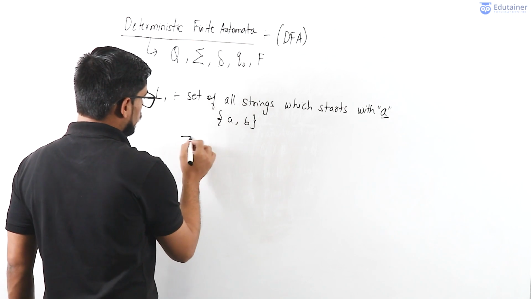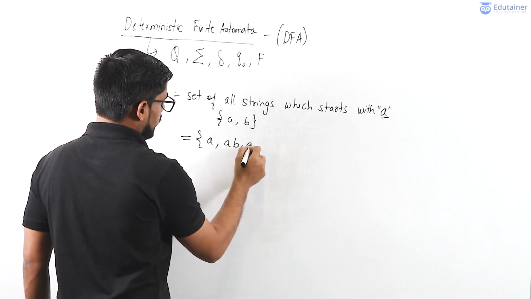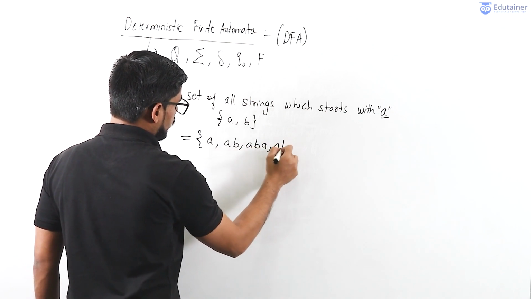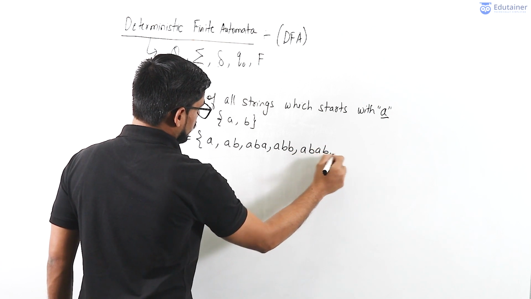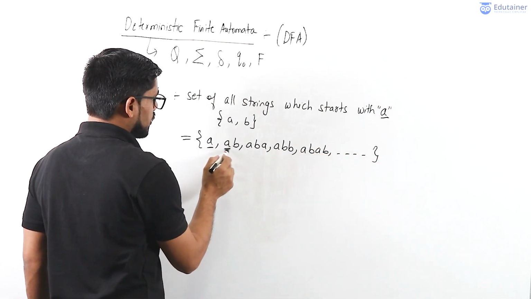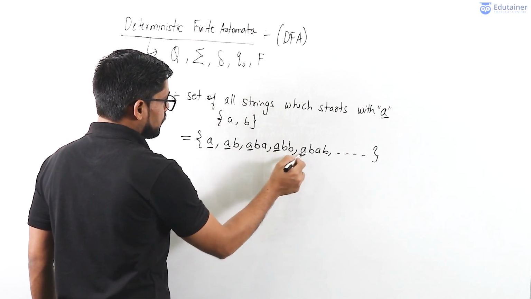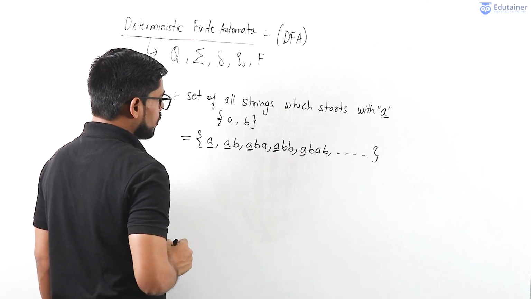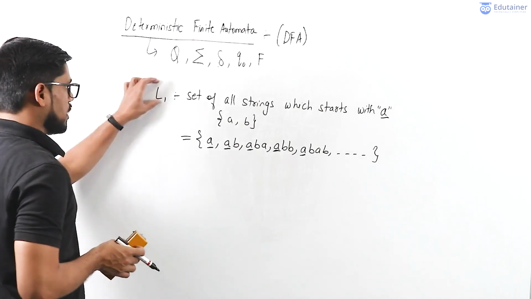So the language will look like this: A, AB, ABA, ABB, and so on. Easily you can identify that each string in the language L1 starts with A. So how can I form a simple machine for this language L1?